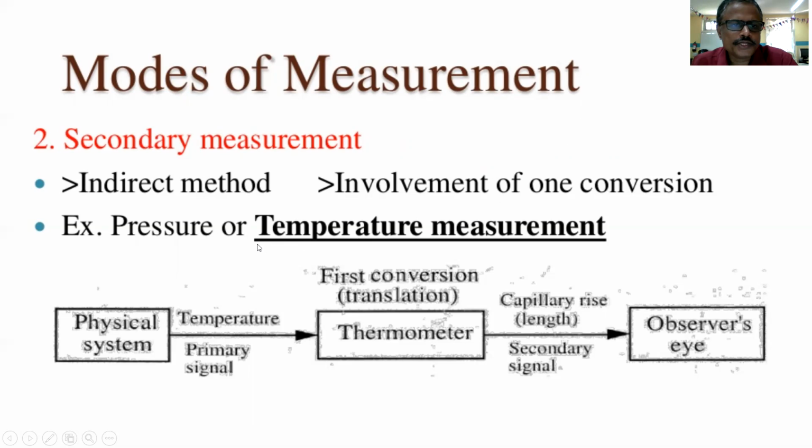Example, pressure or temperature measurement. You see this block diagram, you will understand. There is a system which gives temperature. This is the primary signal to this thermometer. What the thermometer does is it senses the temperature.